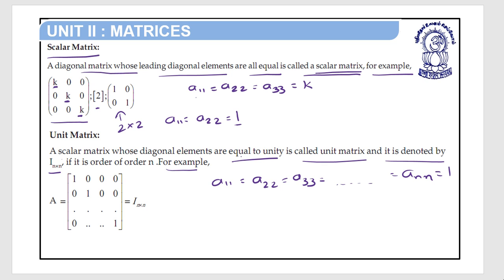For example, A is equal to 1 0 0, 0 1 0, 0 0 1, so I is equal to I n by n.